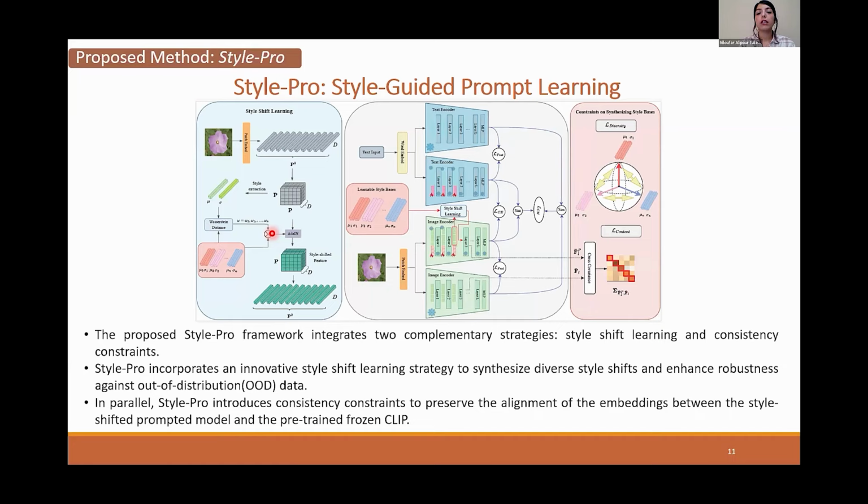Let's start with consistency regularization. What does it mean here? It means that we are trying to align the embeddings of the prompted encoders with the frozen ones, because we do not want to deviate too much during the prompt learning, because the original CLIP itself has a lot of generalizable information.